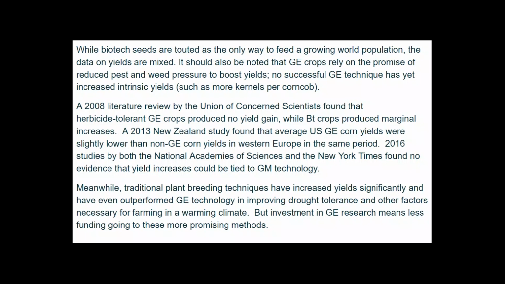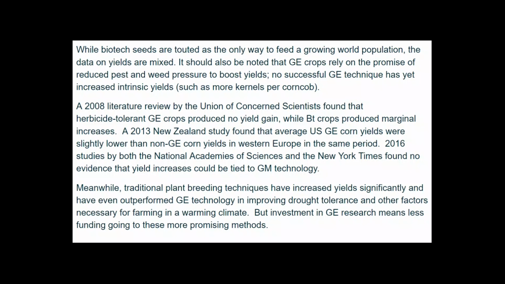Meanwhile, traditional plant breeding techniques have increased yield significantly and have outperformed GE technology in improving drought tolerance and other factors necessary for farming in a warming climate. Remember that another aspect of sustainable agriculture is adaptability.